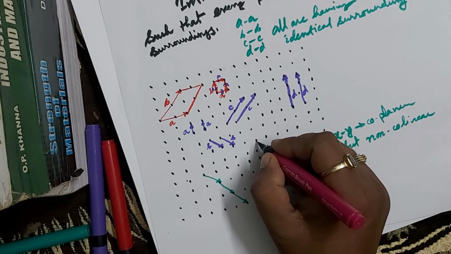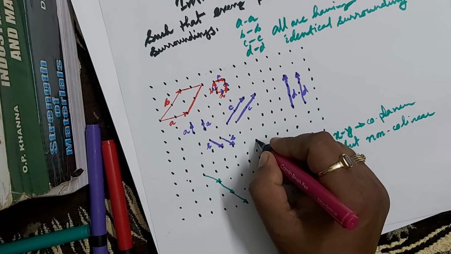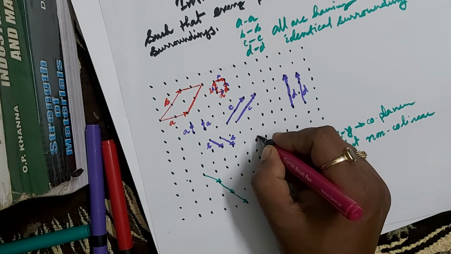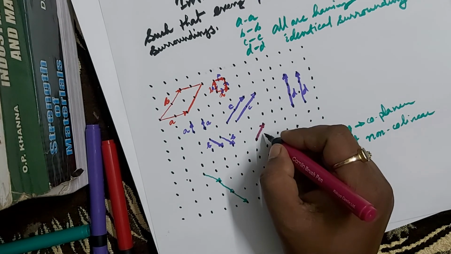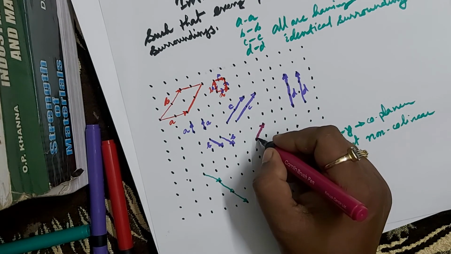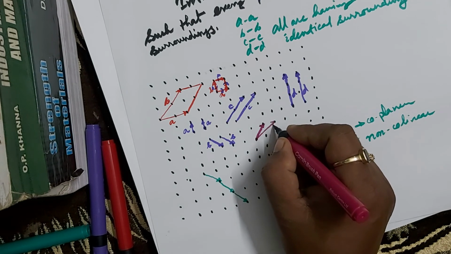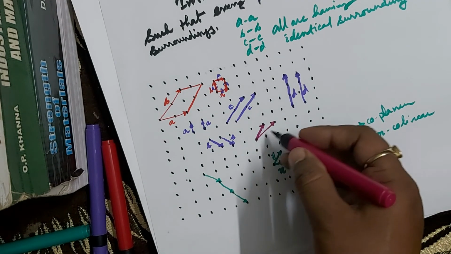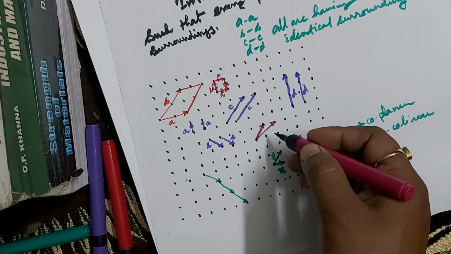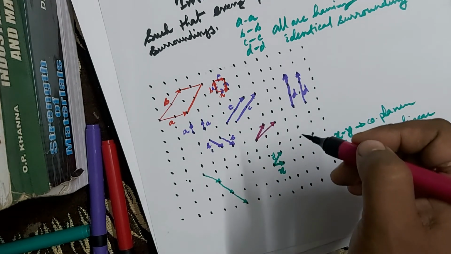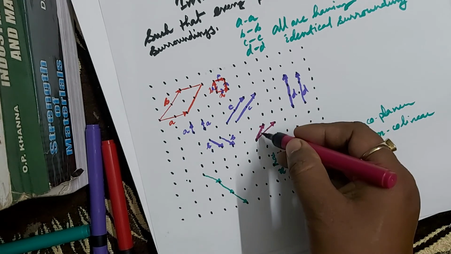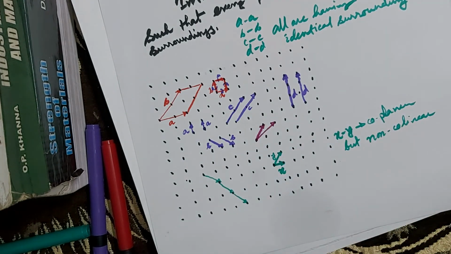Now let us say we are in this position and moving to this position, and to that position also. In these two cases, we will get a similar identical point. The direction and amplitude of these two are different, still we are getting identical points.